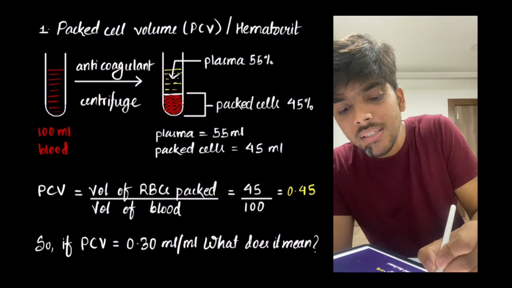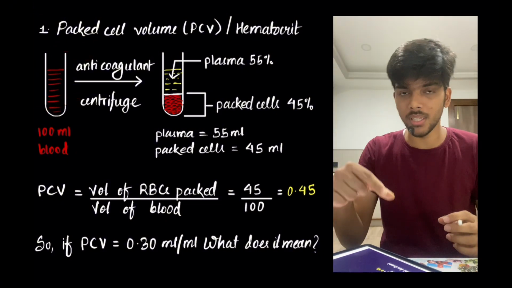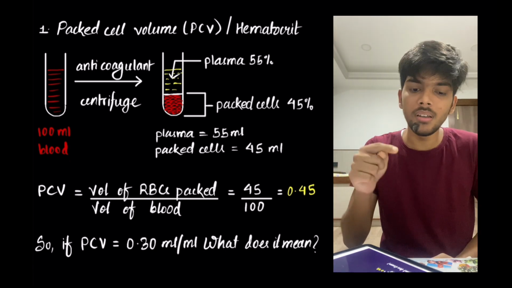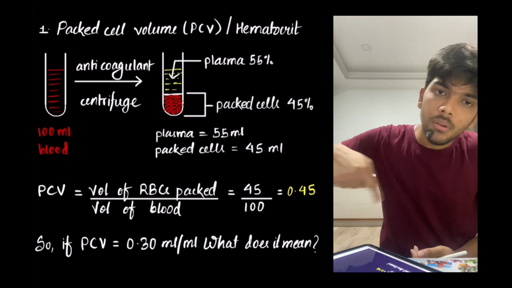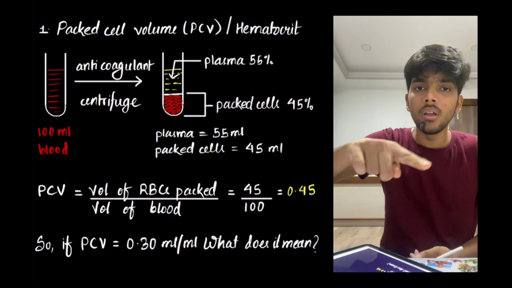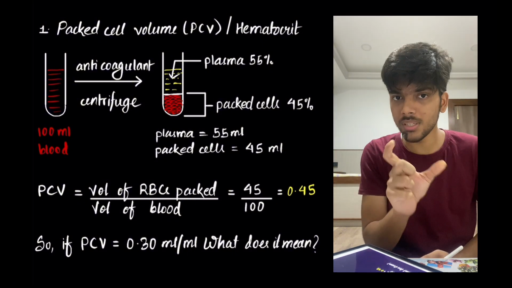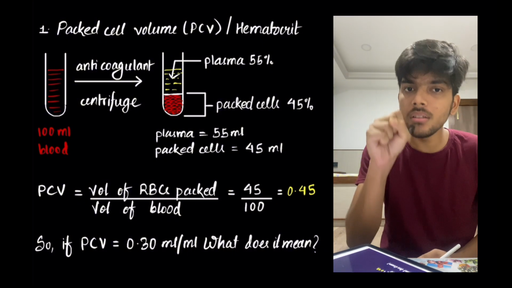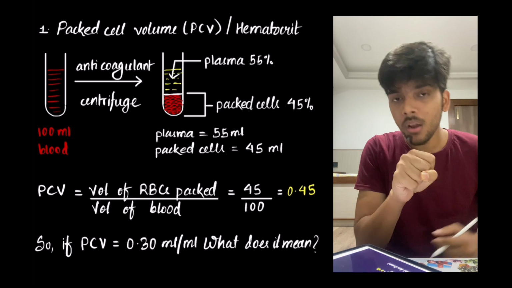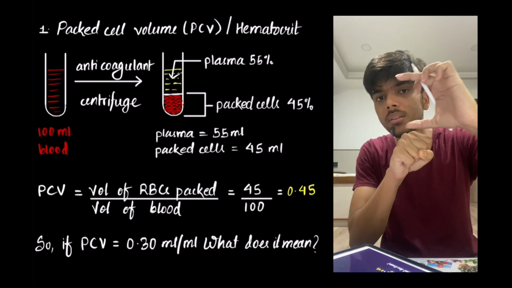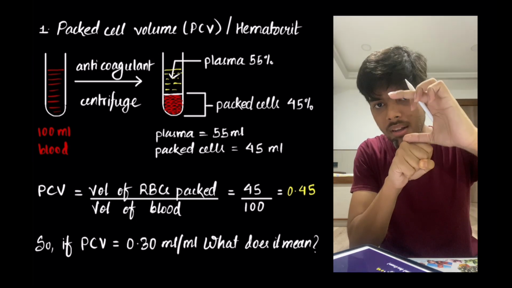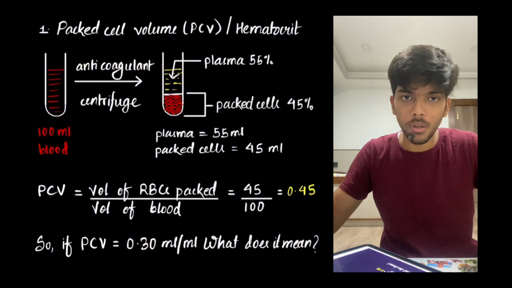Then I put this test tube in a centrifuging machine. In the centrifuging machine, the test tube spins round and round, and due to the centrifugal force, the heavier particles of the blood settle down, while the lighter portion of the blood floats on top of the heavier particles. Simple class 10 plus 2 concept.